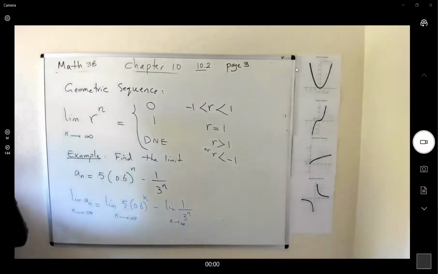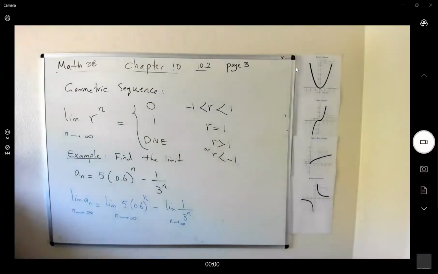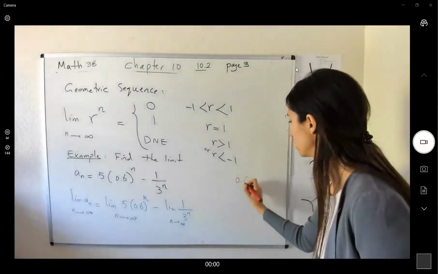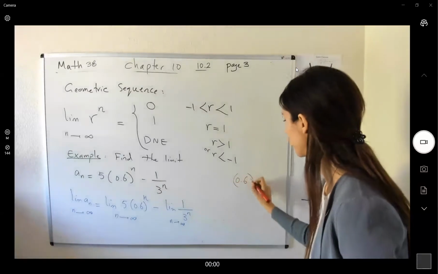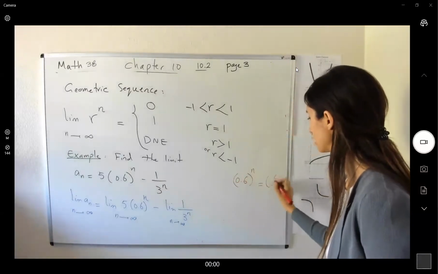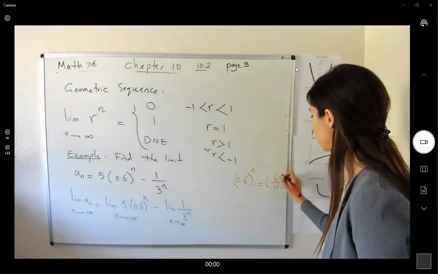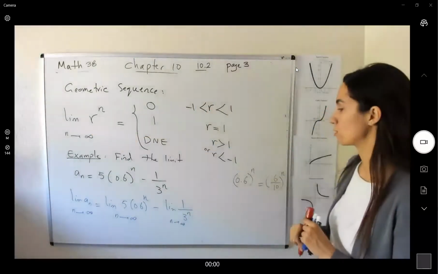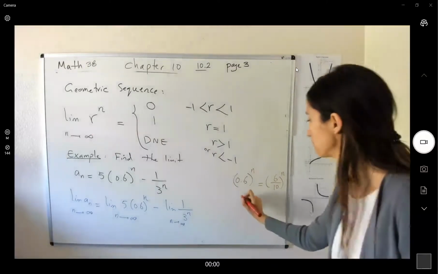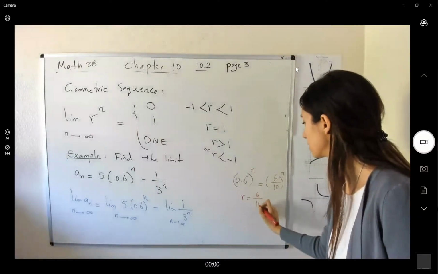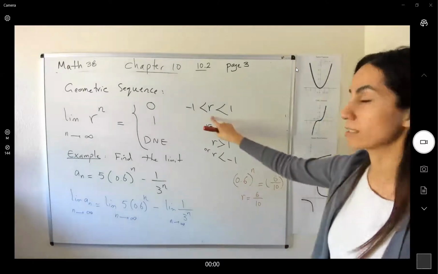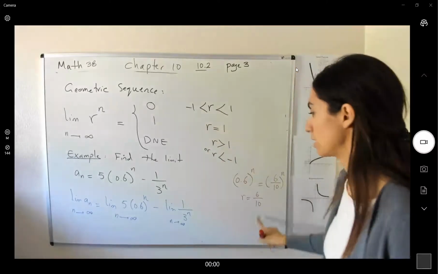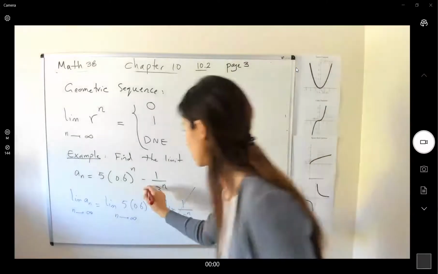Note that here you have 0.6 raised to n, which is 6 over 10 raised to n, and as you can see, we have a geometric sequence. Since R, which is 6 divided by 10, is a number between -1 and 1, the limit is just 0.